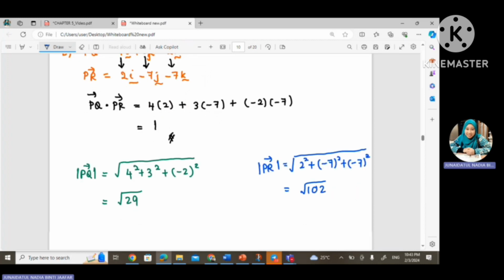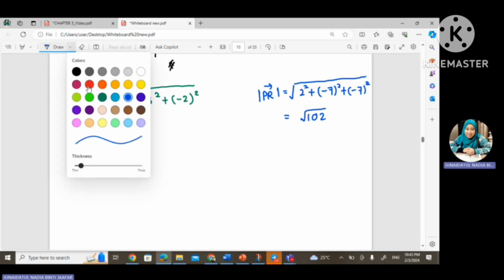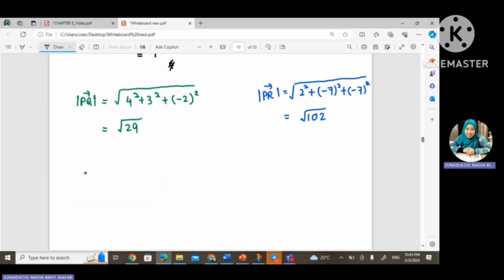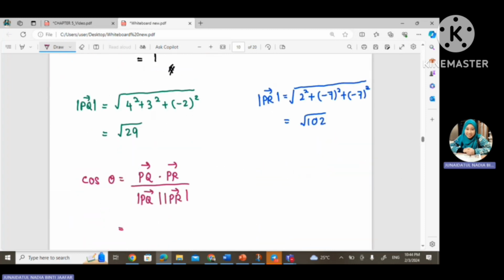Then we can substitute the values into the formula of the angle. We have cos theta equals A dot B, which is PQ dot PR, divided by the modulus of PQ times the modulus of PR. PQ dot PR from question B is equal to 1.